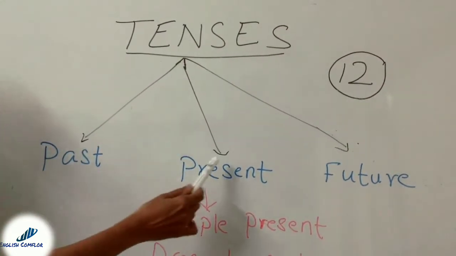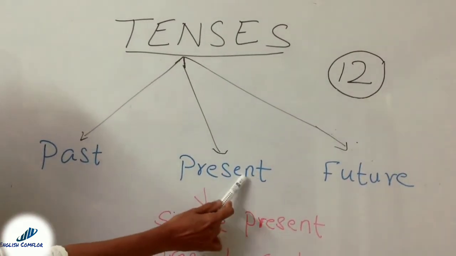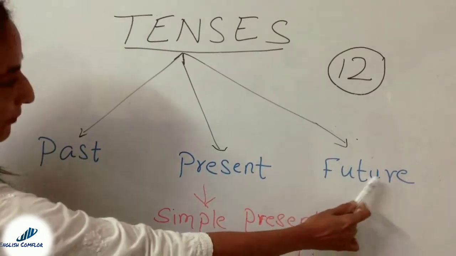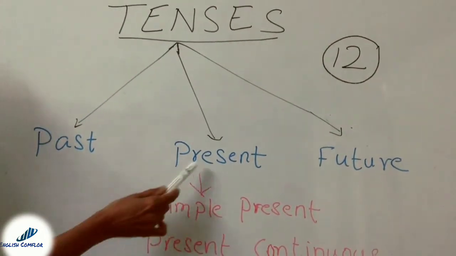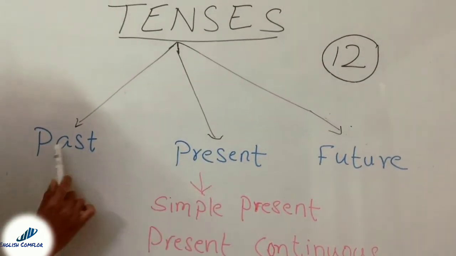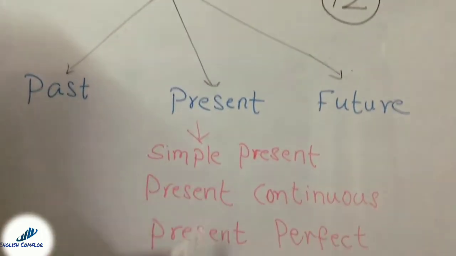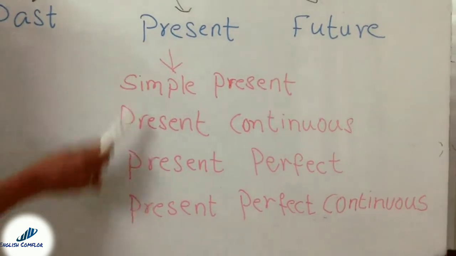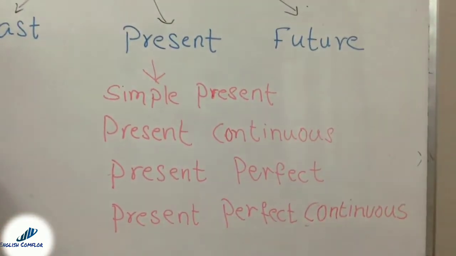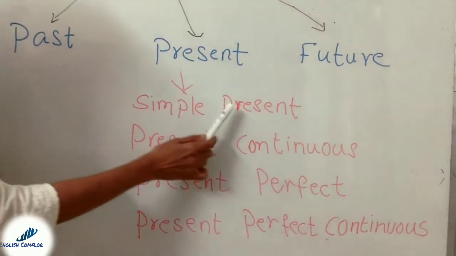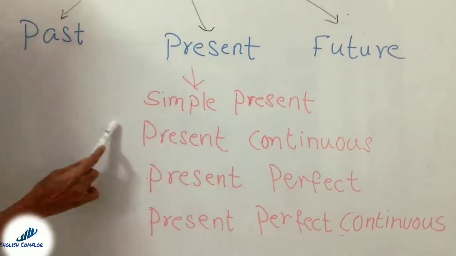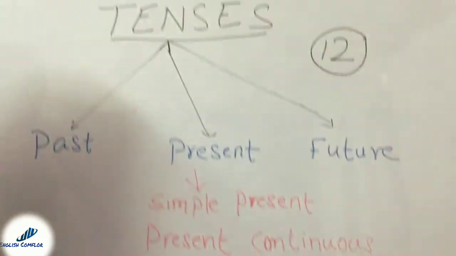Now there are three types of tenses: present, past, future. And all these three tenses have subdivisions, 4 here, 4 here. I have written only 4 here, and all these three have 4. In total, it comes to 12.